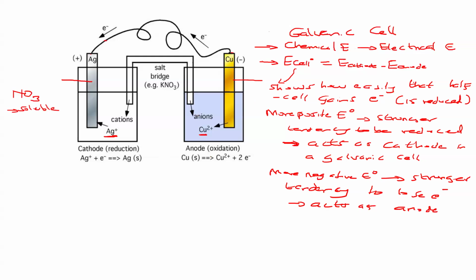It means it acts as the anode. So when you look at the standard potential table, the half cell that is more negative has a stronger tendency to lose electrons, so it acts as an anode. The one that is more positive has a tendency to be reduced, so it acts as the cathode. I hope this makes sense.